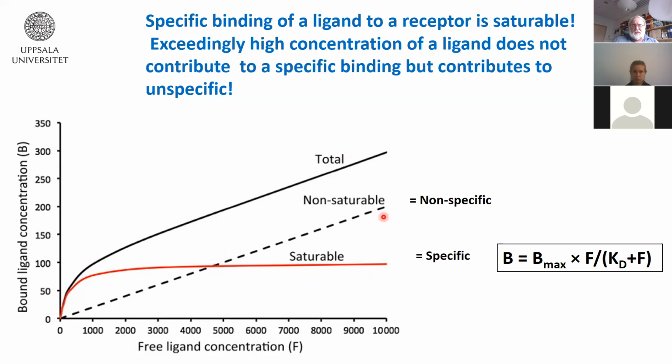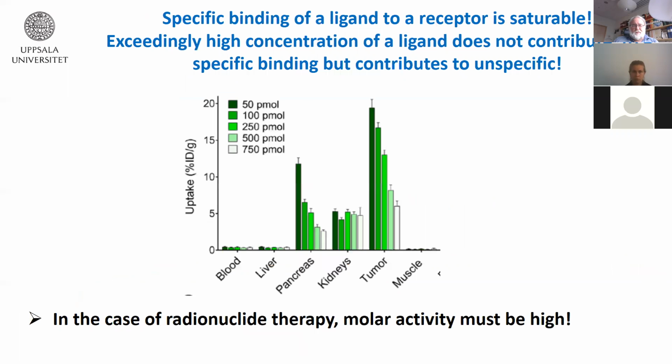And in the end, the specific and saturable binding will just be drowned in the non-specific binding. So the predominant mode of binding will be unspecific. So the possibility to bind specifically is always limited. And that might create a problem.